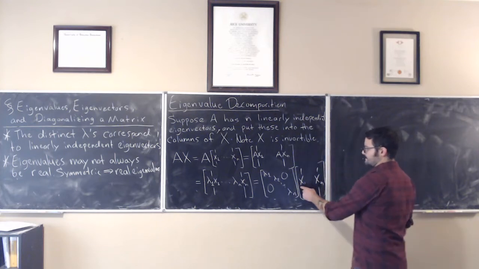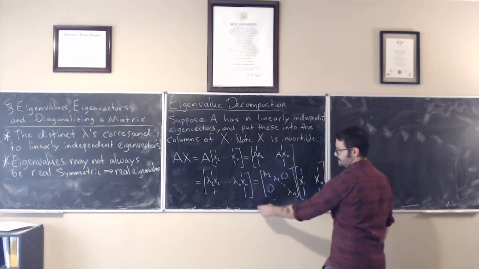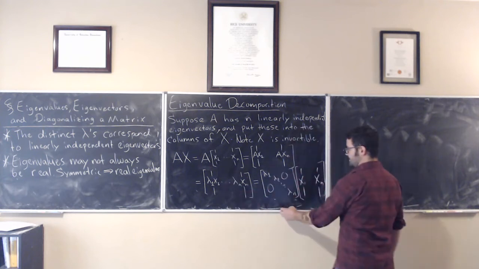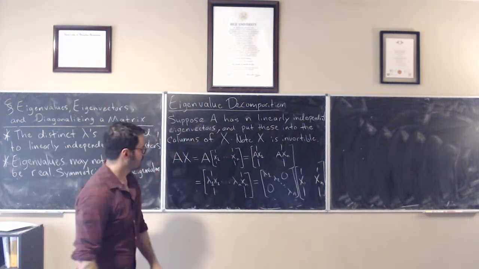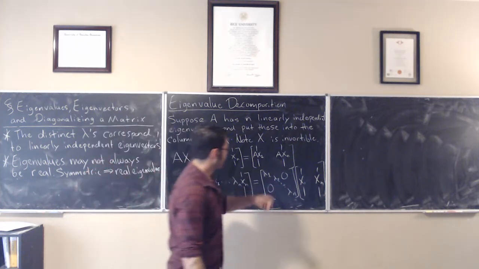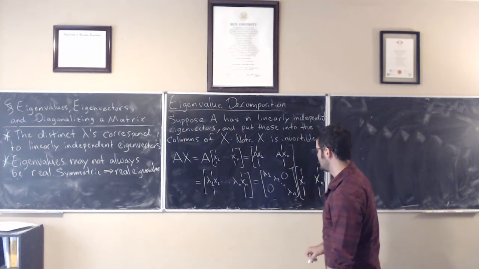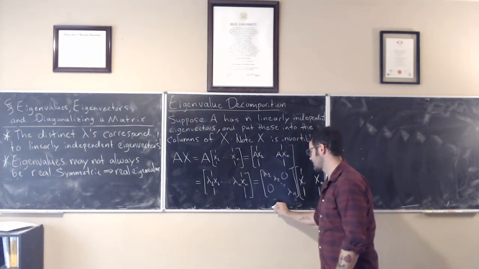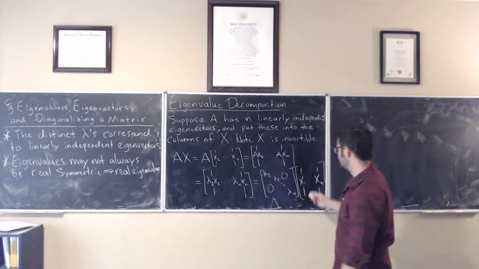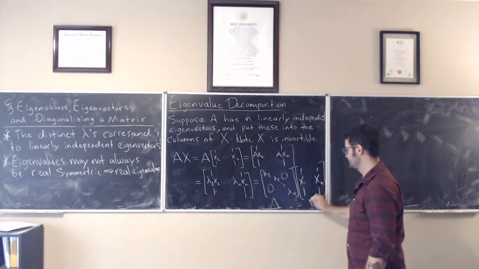I'm going to call this diagonal matrix capital lambda, and then this is just X again.